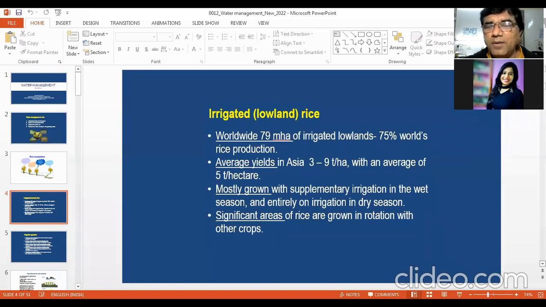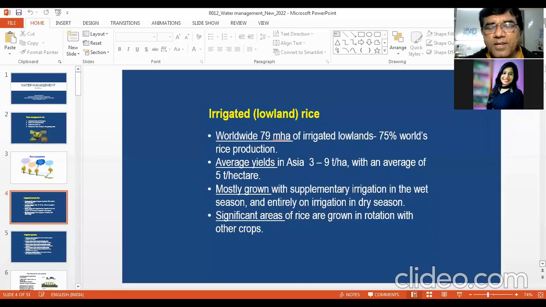And average yield, I've already shown you, but the range can be 3 to 9 tons per hectare. On average, it is 4 to 6 tons per hectare in irrigated rice. It is mostly grown with supplemental irrigation in the wet season. You are aware of the seasons in India. Wet season is your rainy season, and in the rainy season most of the area is grown.